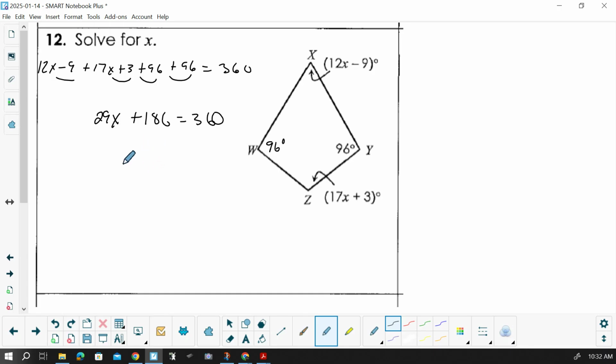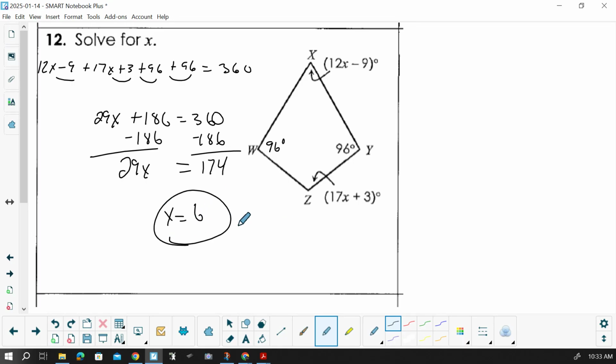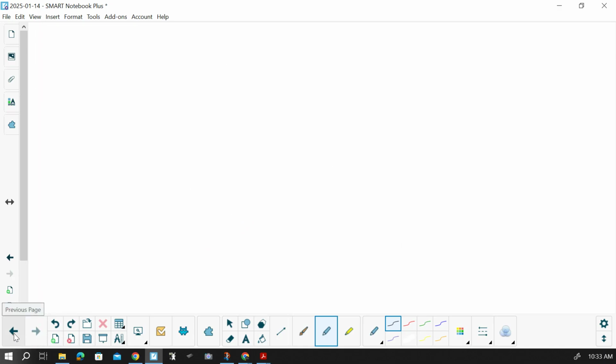Subtract that 186 from both sides. 360 minus 186 is 174. Divide by 29, x equals 174 divided by 29 is 6. So that came out good. And that's it. So there you go.